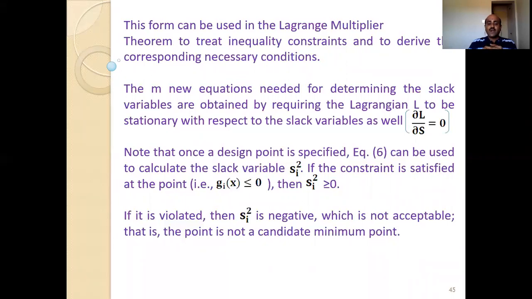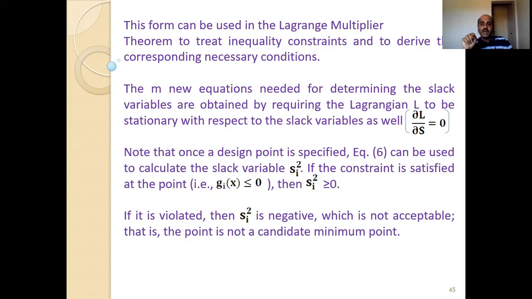If the constraint is satisfied at the point, Gi of x less than or equal to 0, then Si square should be greater than or equal to 0.